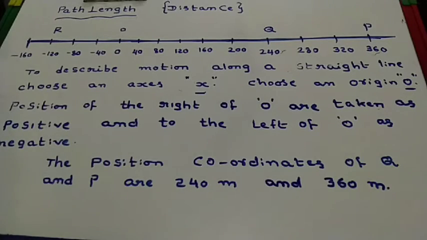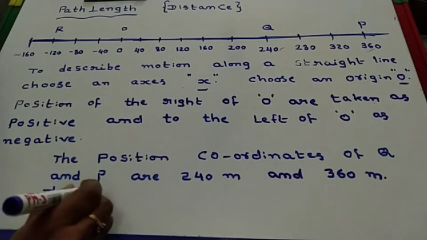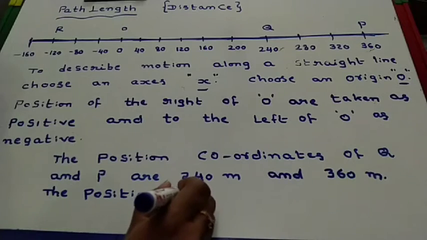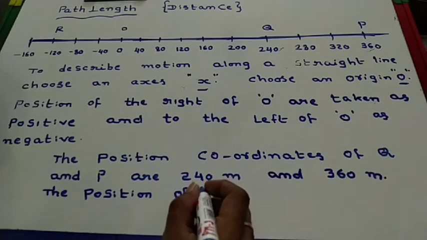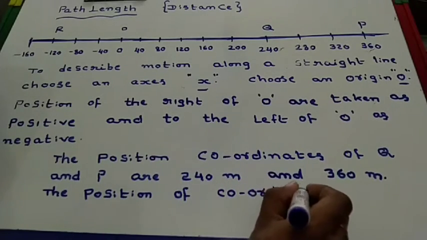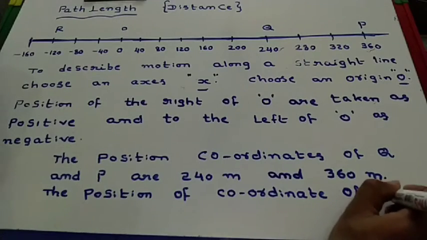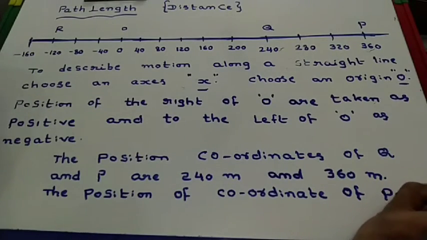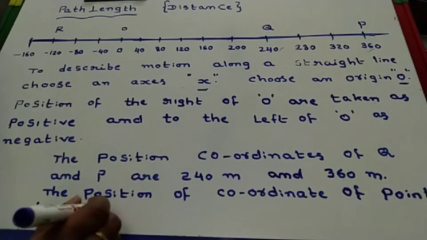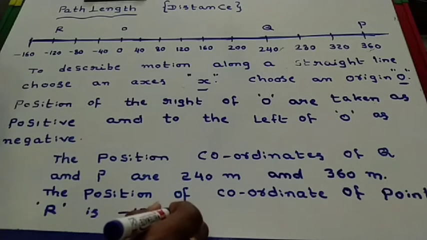Next, the position coordinate of point R is minus 120 meters.